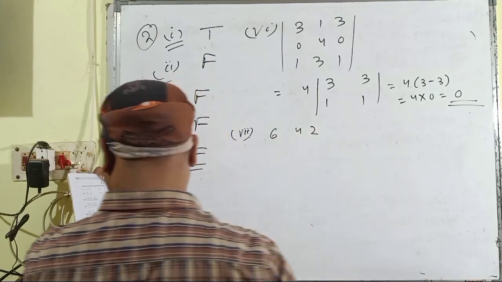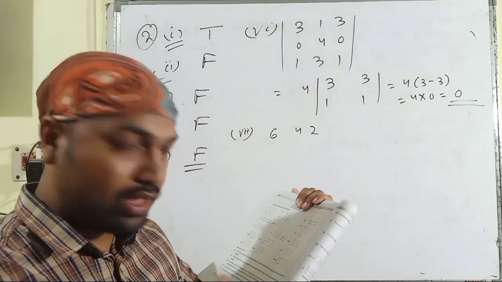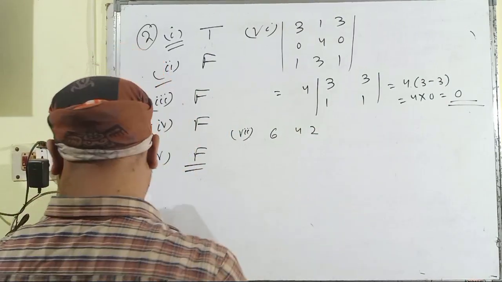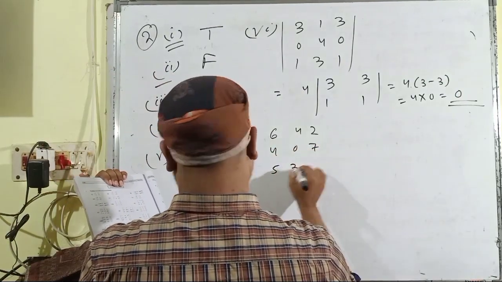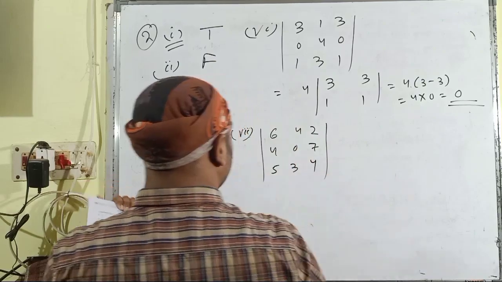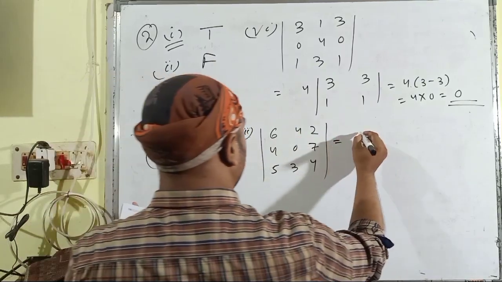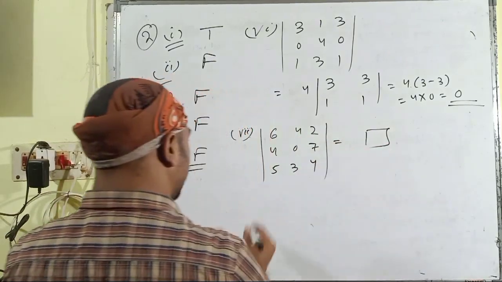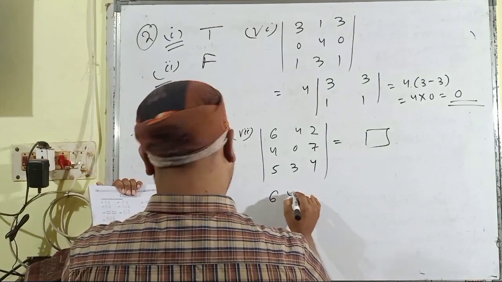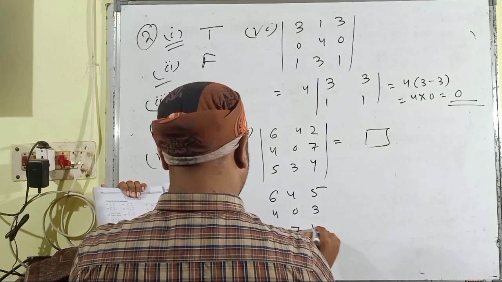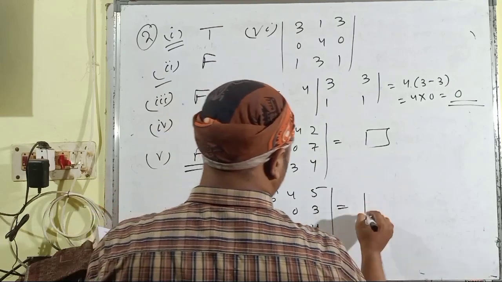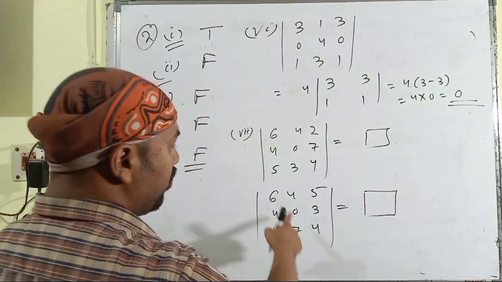We have to check whether both of the given determinants are equal with each other or not. Okay, 6, 4, 2, 4, 0, 7, 5, 3, 4. Just check it. What value does it give? Then 6, 4, 5, 4, 0, 3, 2, 7, 4, and again find out the value of this.